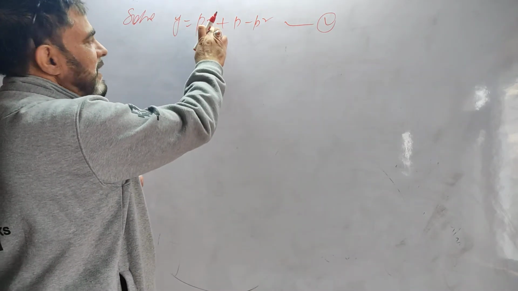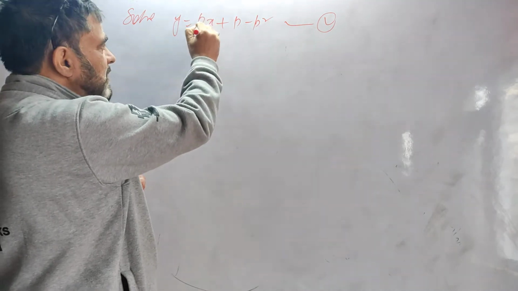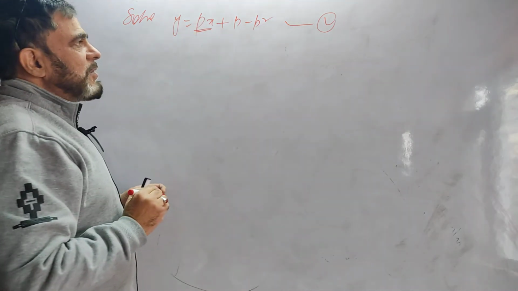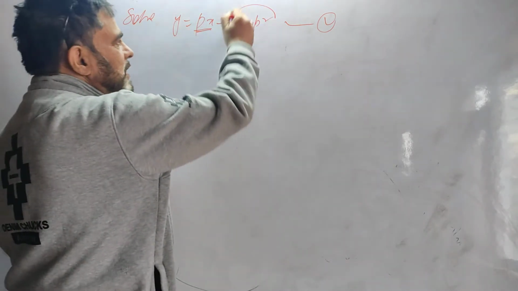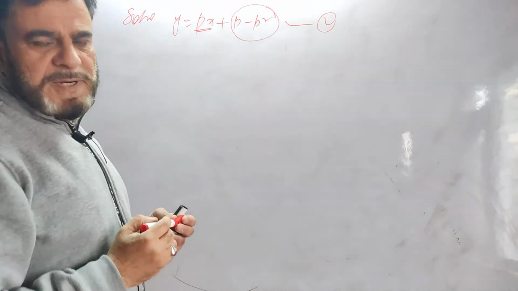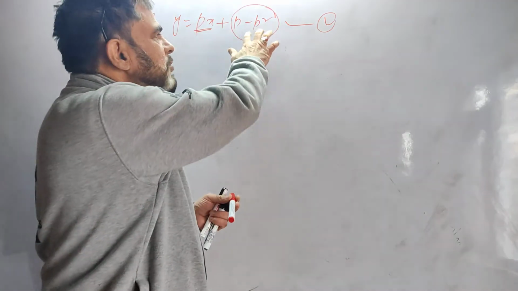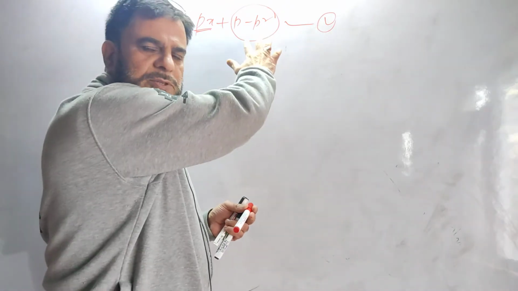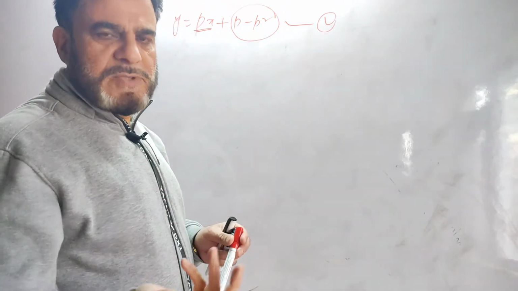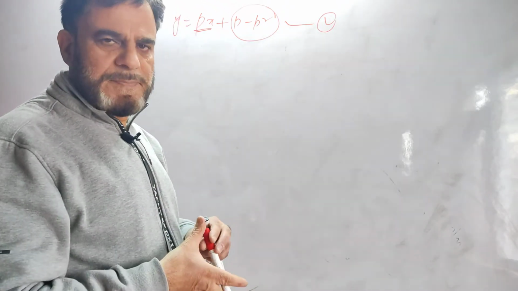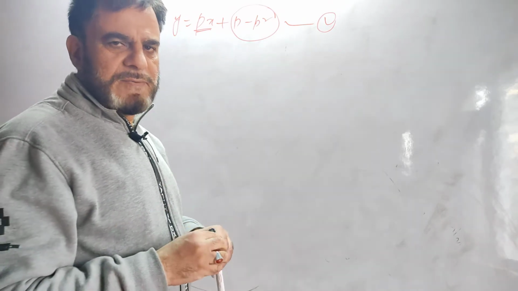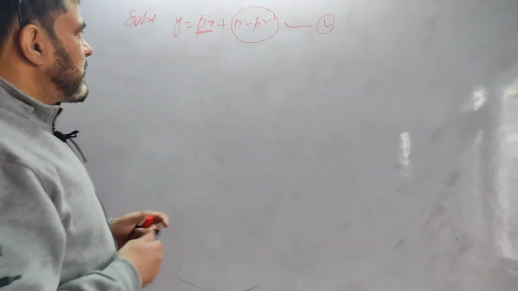Here y, x is linear, p is necessarily here, y is equal to px. Here you have some function of p. This part should not involve x and should not involve y. If it involves constants and p, still it is a function of p. But it should not involve x and y. So we say it is a Clairaut's differential equation.